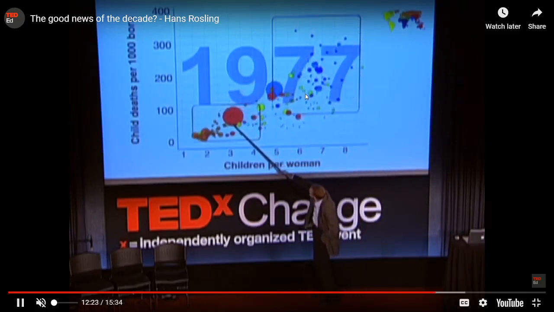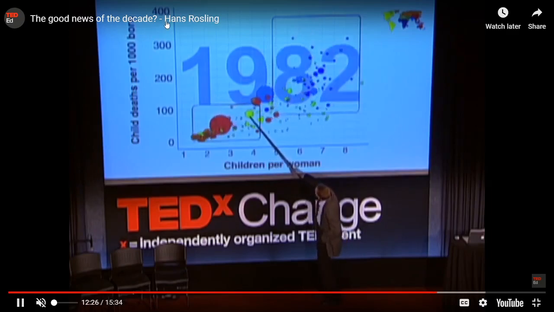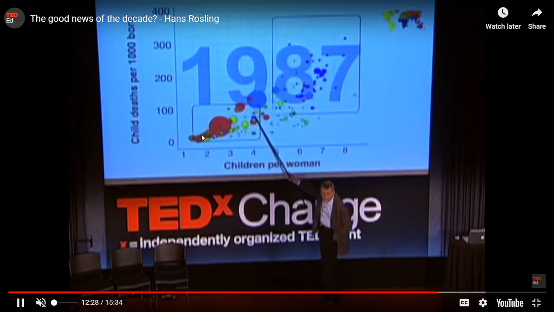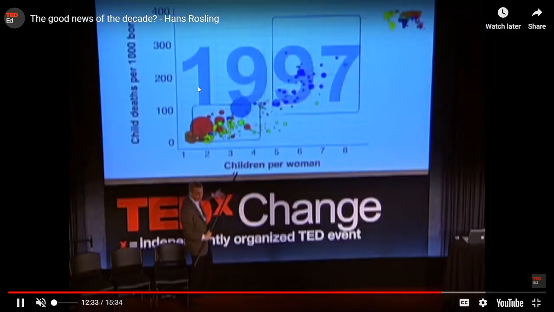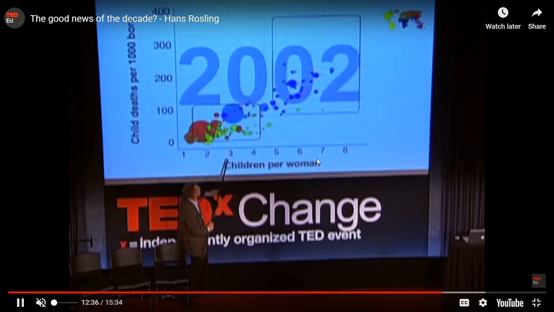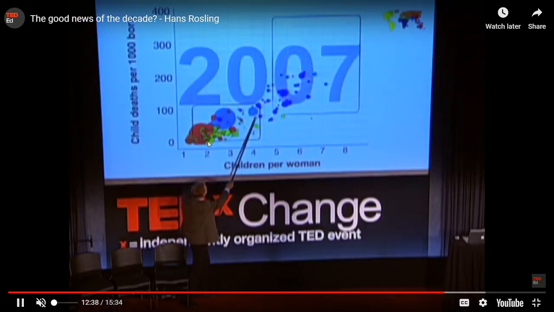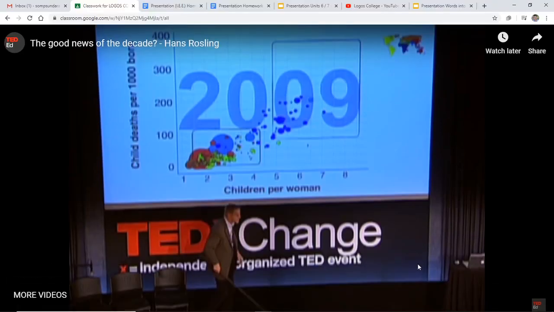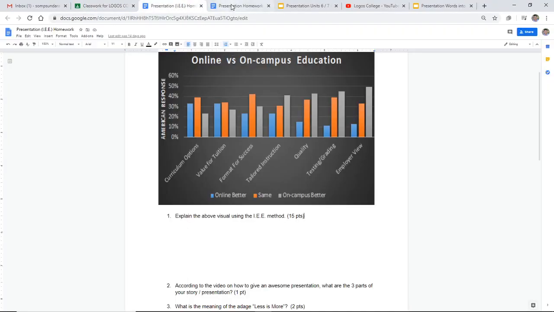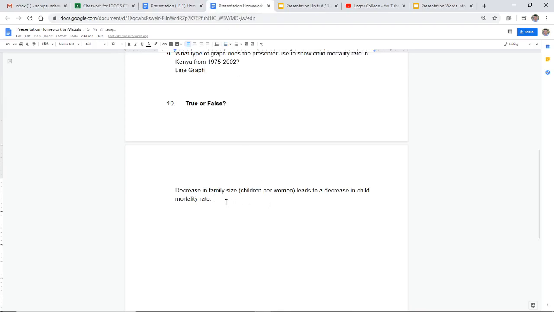And notice how, as it gets smaller, the child mortality rate decreases. So there's fewer deaths per birth as the women have fewer children. That was a very nice visual. So that visual shows that yes, it is true that a decrease in family size leads to a decrease in child mortality rate.